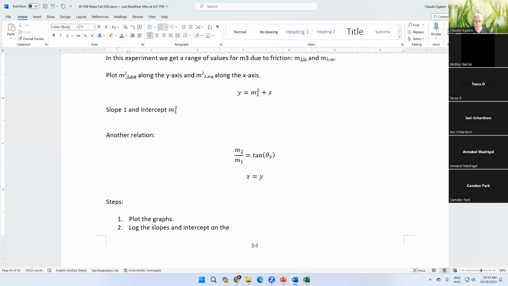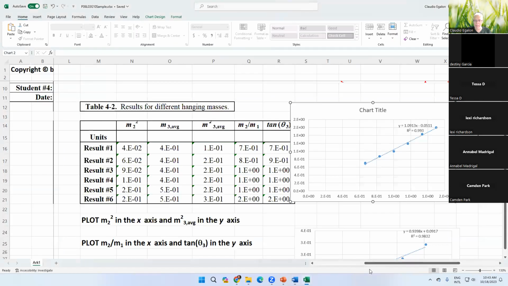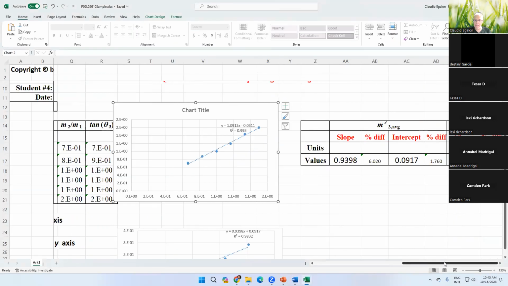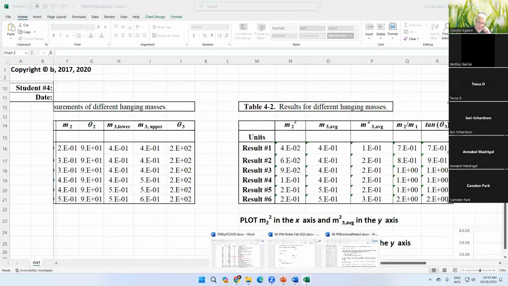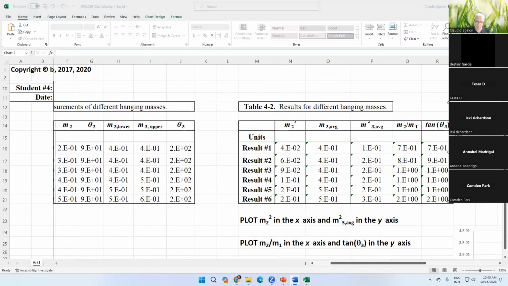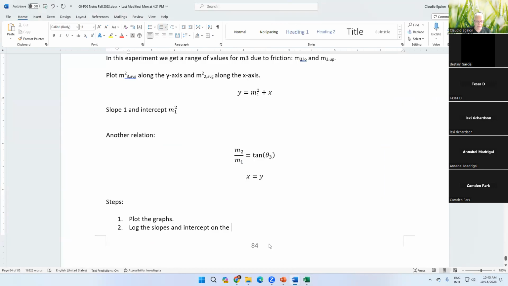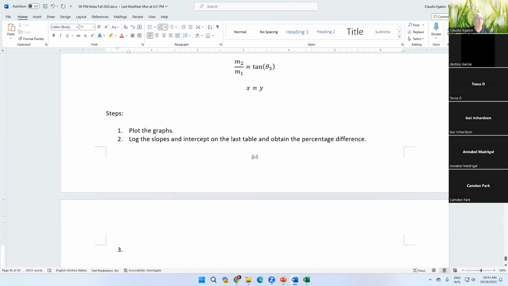And then the last table. On the last table, obtain the percentage difference.